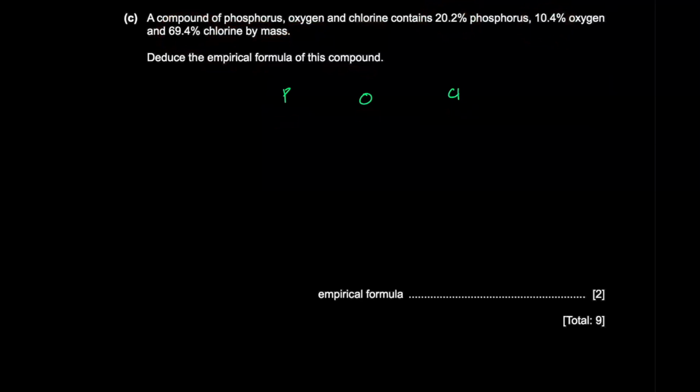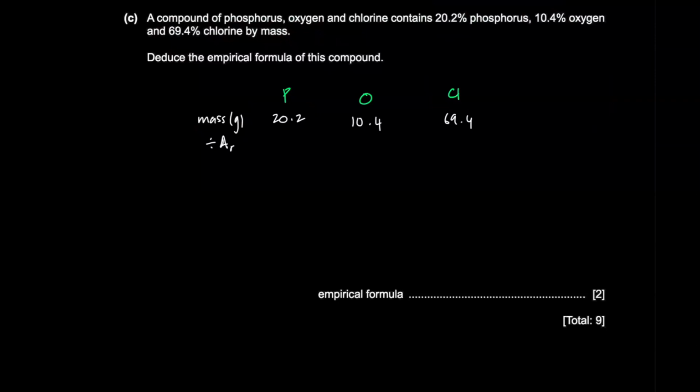We have the masses given to us, so we take the percentages as grams: 20.2, 10.4, and 69.4. We need to find the mole ratio, so we divide by the atomic mass or the molar mass.